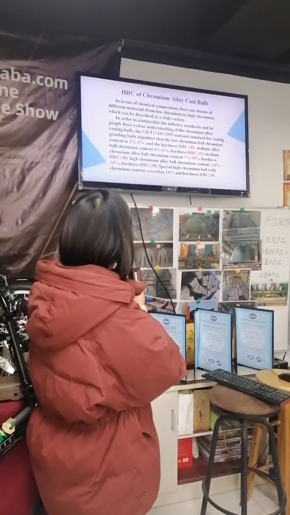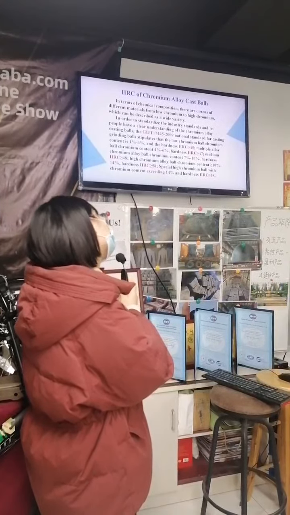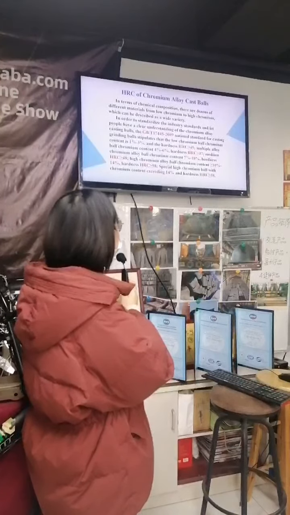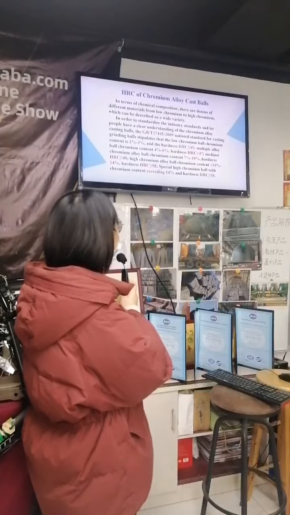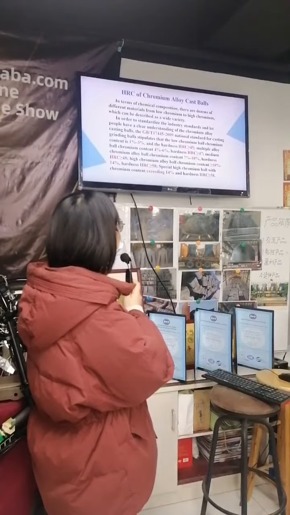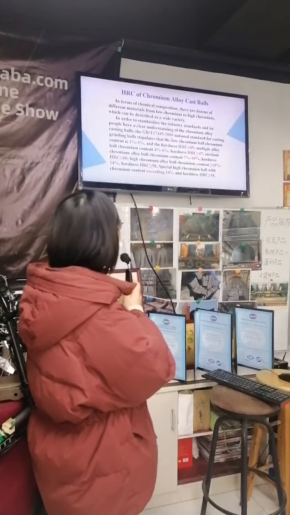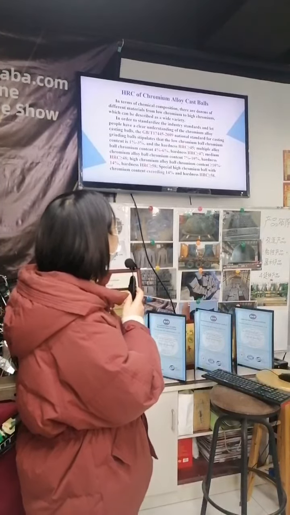Medium-low alloy board chromium content is 4% to 6%. Hardness is HRC more than or equal to 47. Medium chromium alloy board chromium content is 7% to 10%. Hardness HRC is more than or equal to 48.